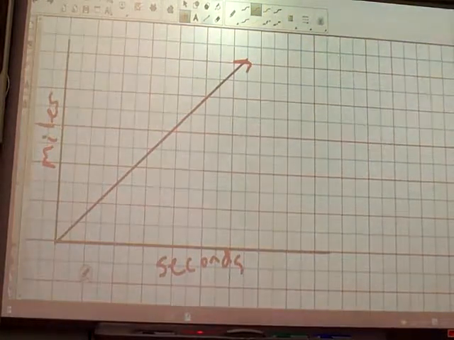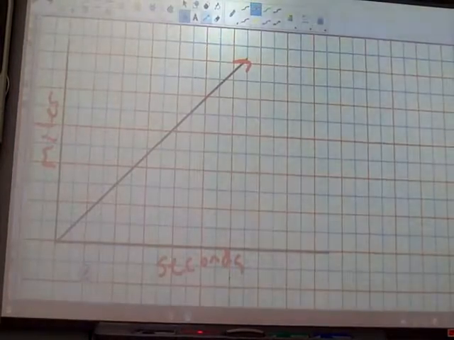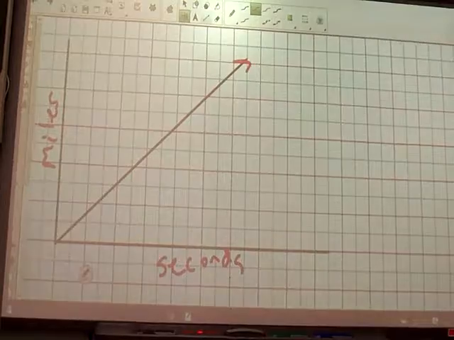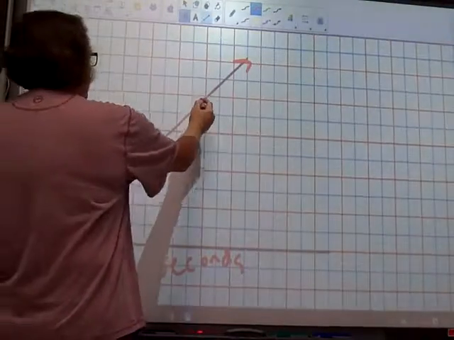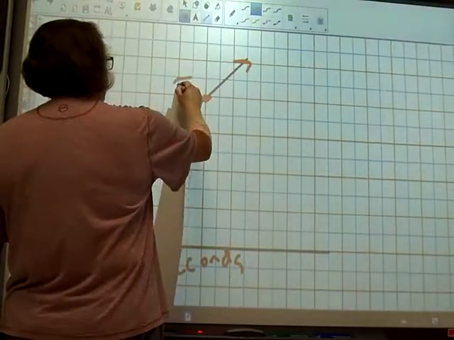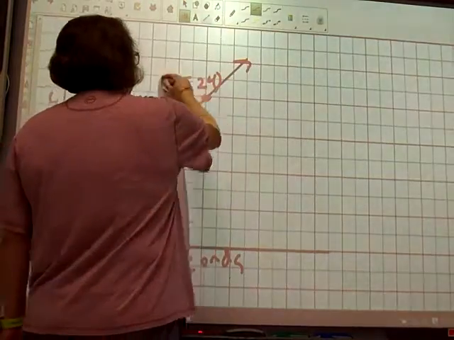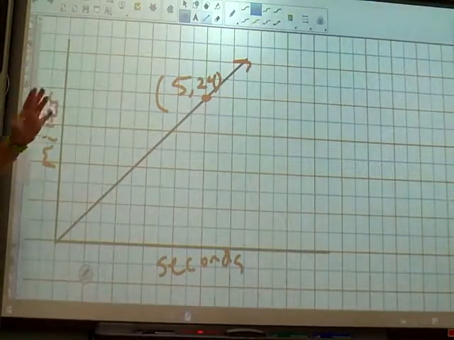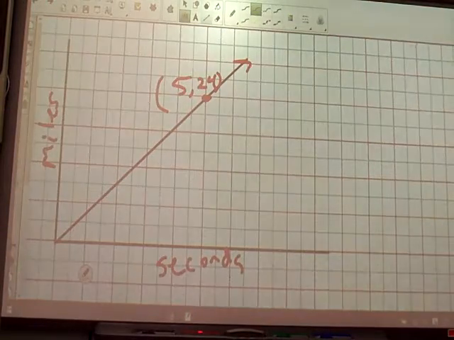What we need to know is that we have a line there, and that my line goes through the origin. I'm going to give you one other point that it goes through. We're going to say that this point is 5, 24. No, I didn't count that, but that's all we need. That'll save us a little bit of time.